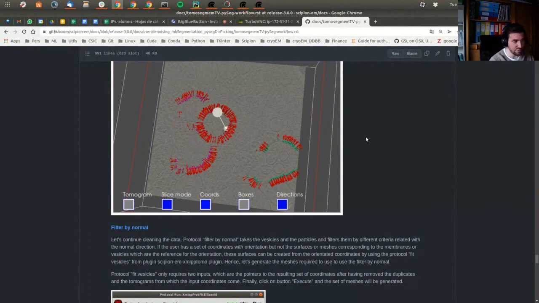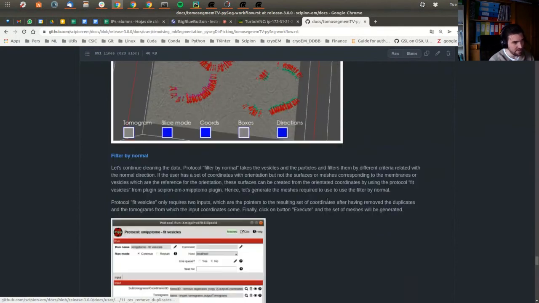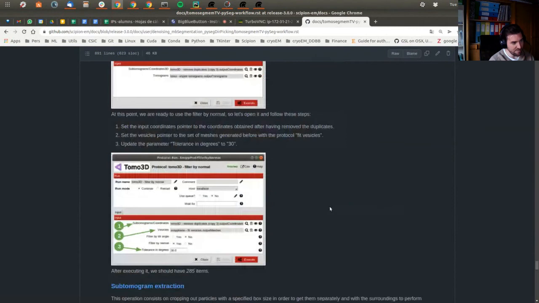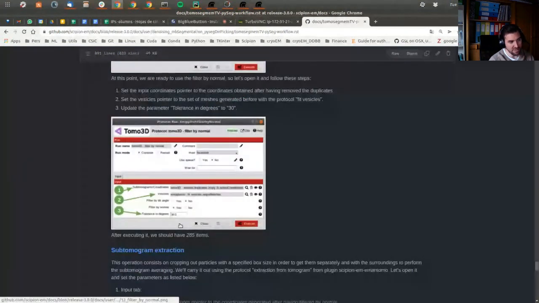This is what this protocol does. Let me explain it. We can also filter by tilt angle, which is not carried out during this tutorial. But we are being quite generous with the orientation, so we are telling it that it can be 30 degrees different from the normal direction.